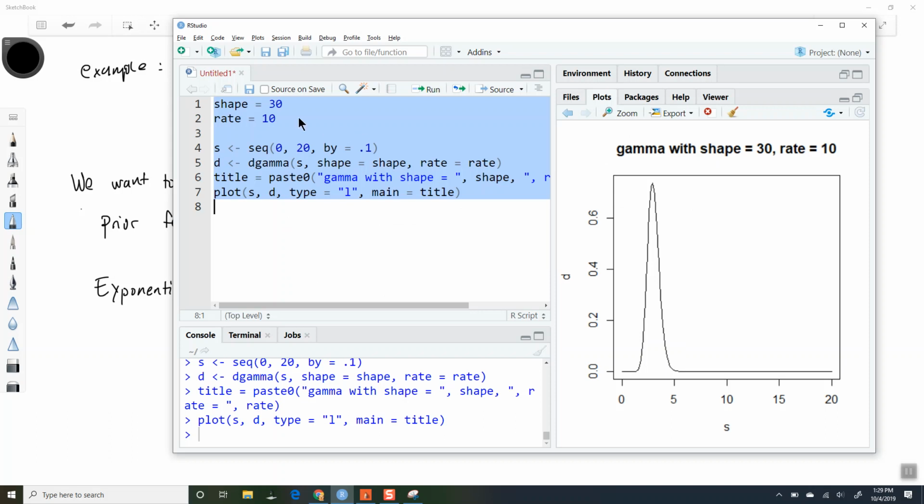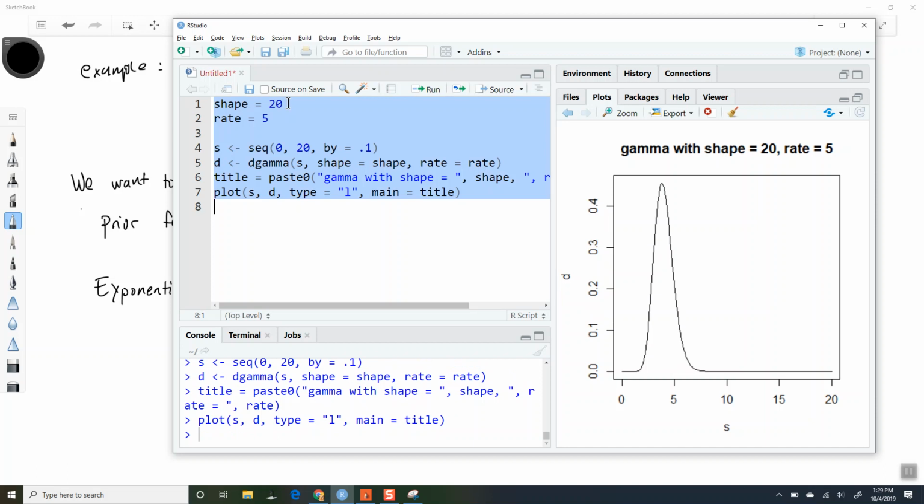Okay, let's just ballpark this, and I'm just making this up. We're not quite sure what exactly it should be, but maybe we're going to have a gamma with a rate between 20 and 5. Gamma with these parameters, 20 and 5, and maybe we can zoom in a little closer.